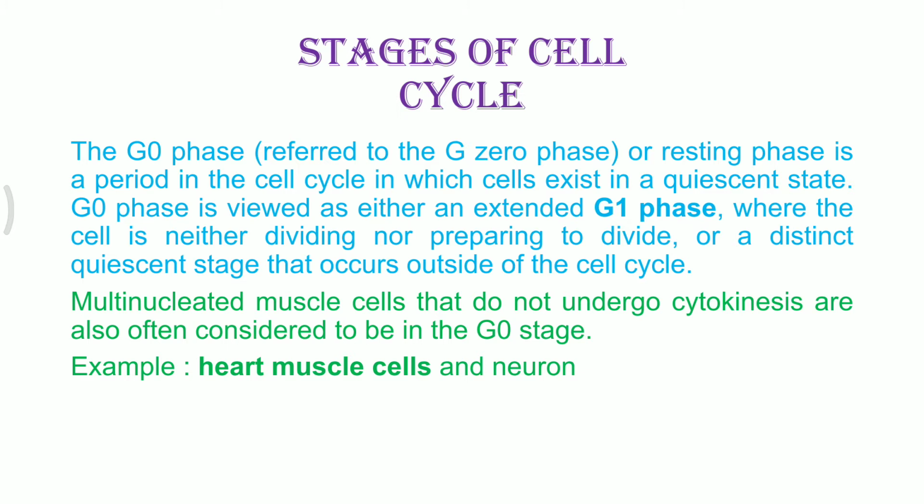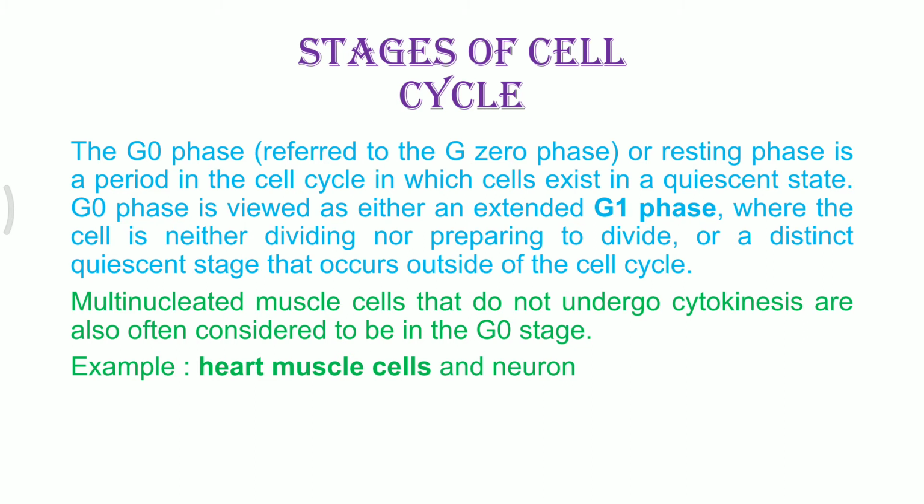But some cells, like muscle cells, liver cells, or the neurons, are in the G0 phase because they have lost their capability of dividing. Even the mature RBCs also move towards the G0 phase because they do not need to divide anymore.